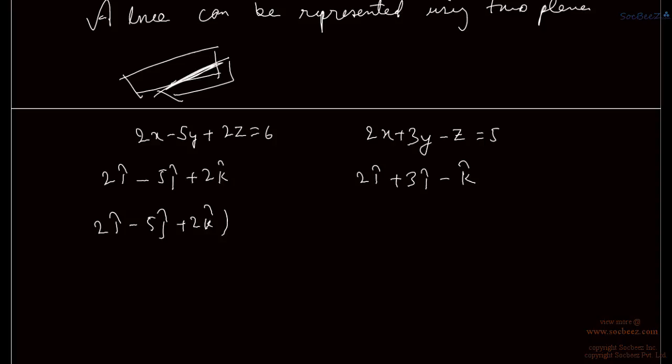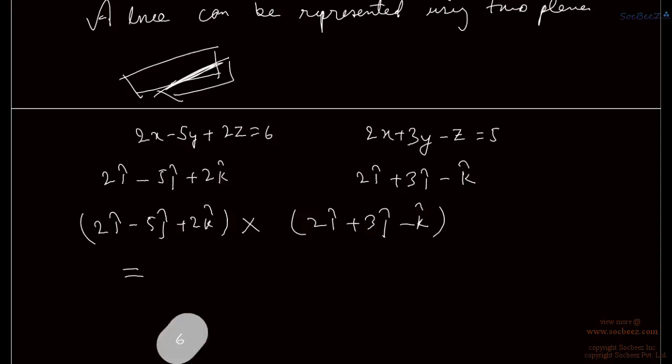Okay. So 2i minus 5j plus 2k cross 2i plus 3j minus k will be giving 2i cross 2i which is 0, 2i cross 3j which is 2 times 3, 6k, 2i cross minus k which is equal to 2j.